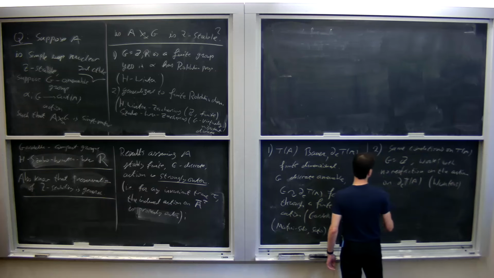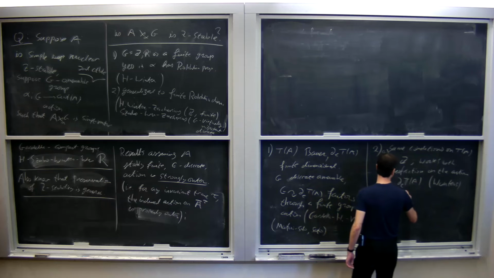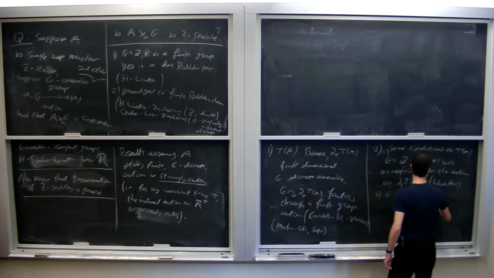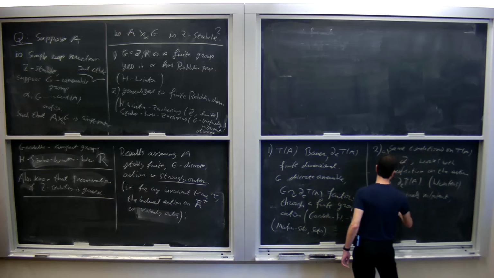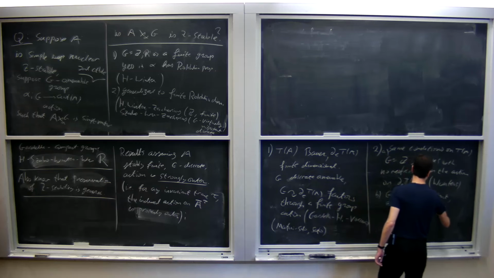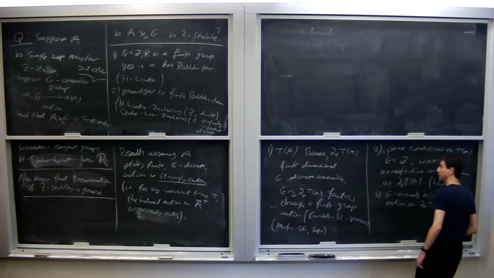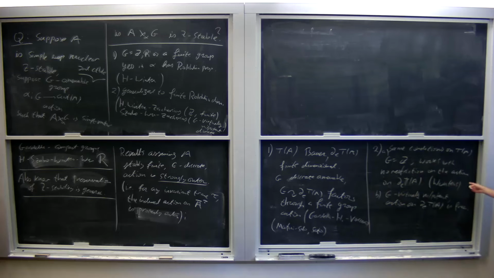And also, I'll put 2A and 2B, it's the same paper: same conditions where G is virtually nilpotent, and the action on this extreme boundary is free. That's also due to Wouters, the same paper.